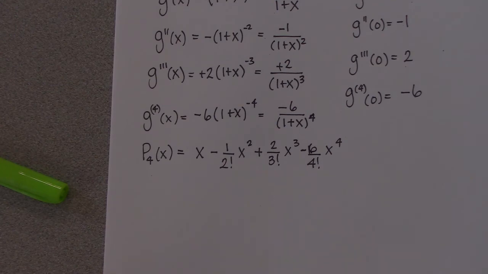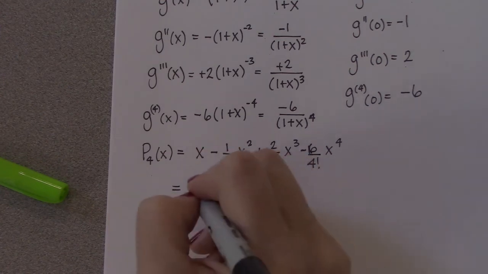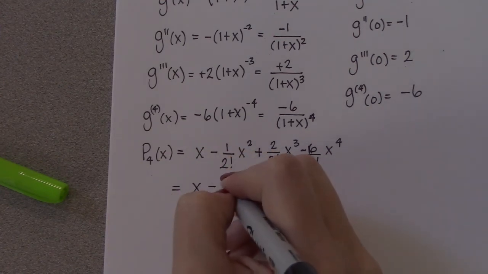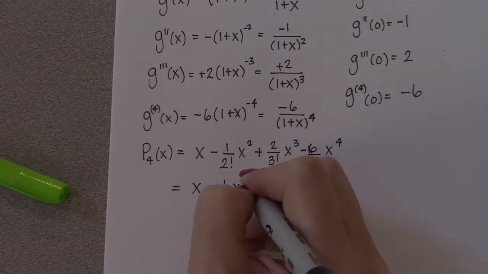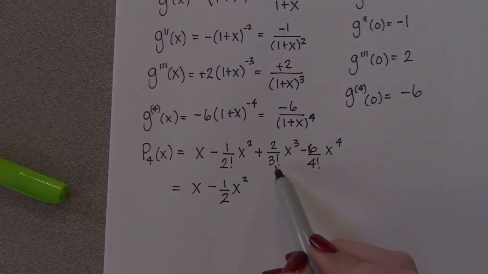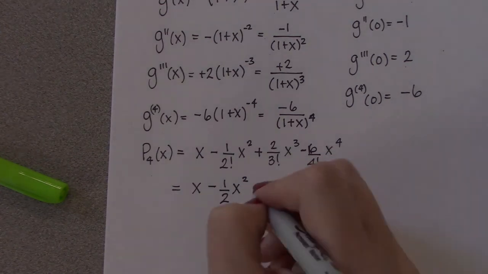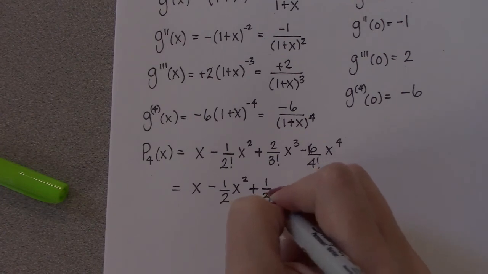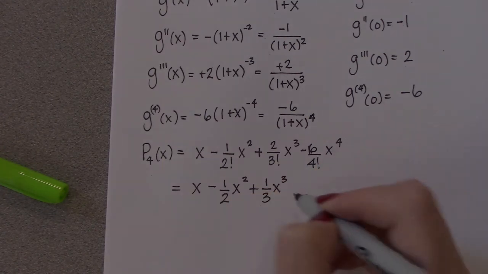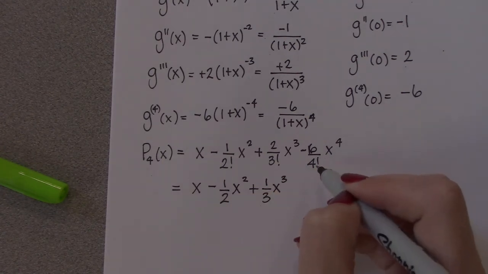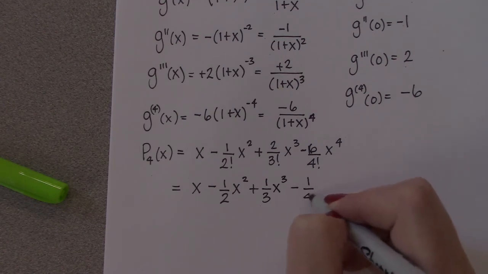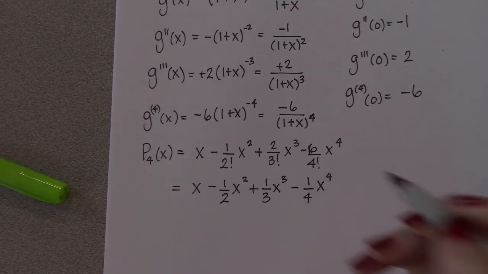So when you're building a finite polynomial, I'm actually okay if you leave it in this form, but if you want to work with it, we usually simplify it down a little bit. So we know that 2 factorial is just 2. 3 factorial is 6, and 2 over 6 is a third. And then 6 over 24 is going to give you a fourth.